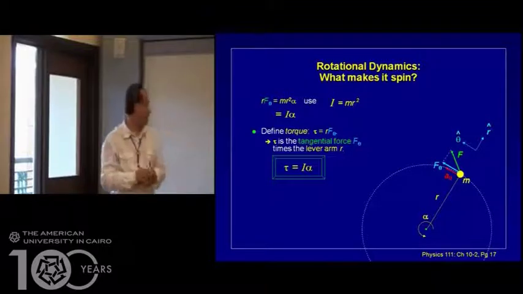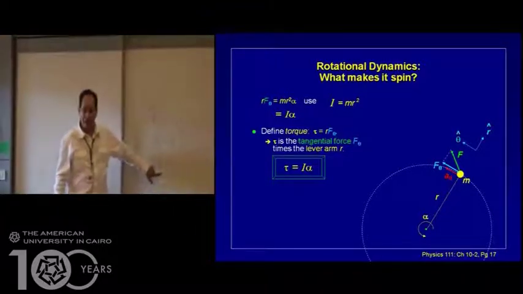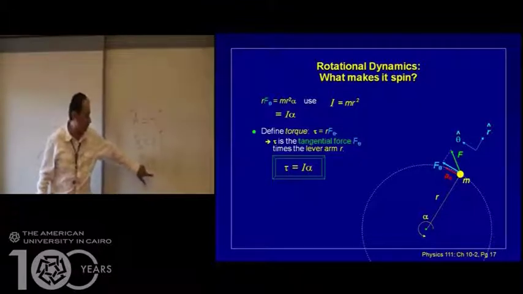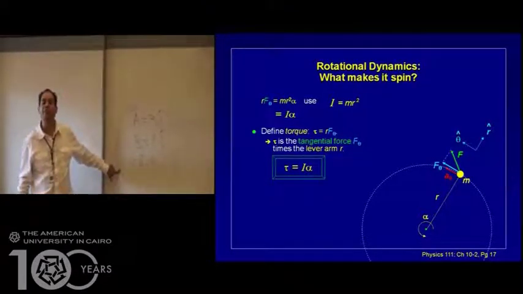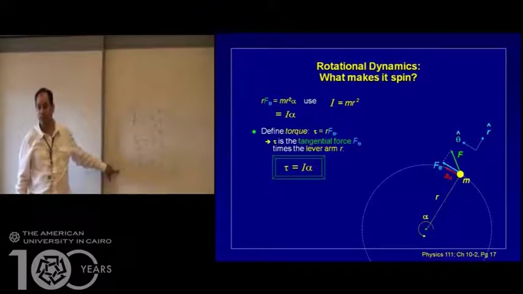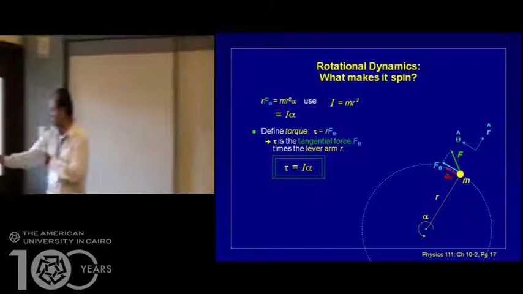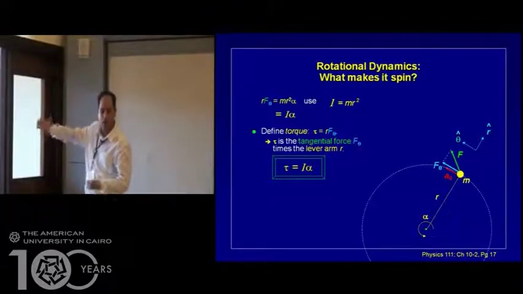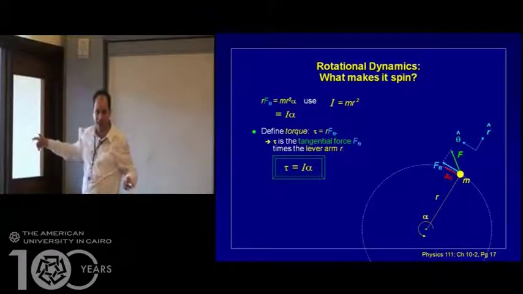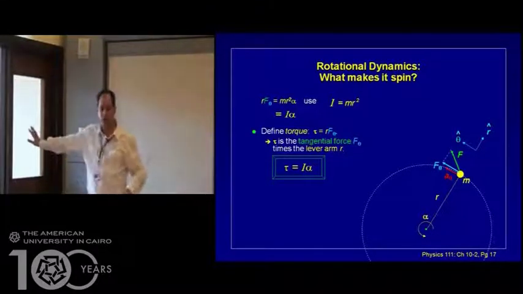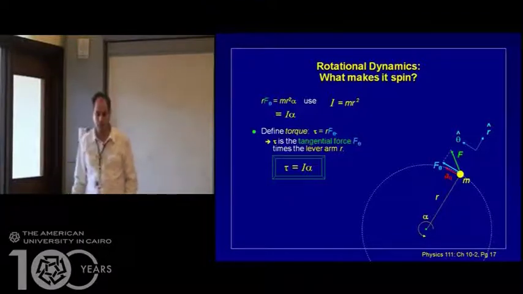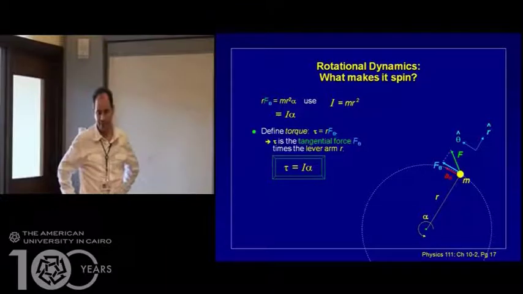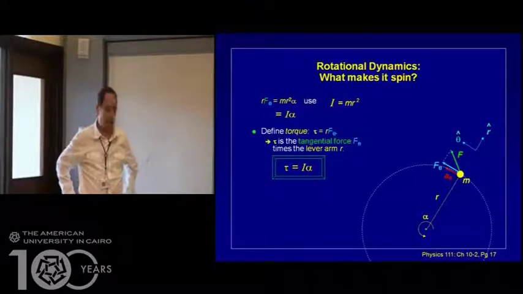That tells us if you take vector A and cross it with vector B, the resultant vector has to be perpendicular to the two of them. It's always perpendicular to the two of them. So the torque in that case is perpendicular to the R and the force.